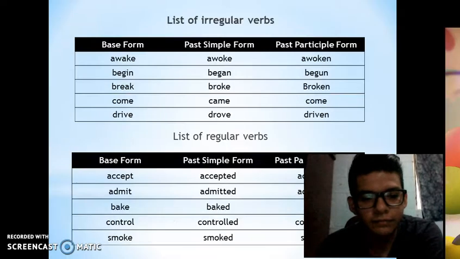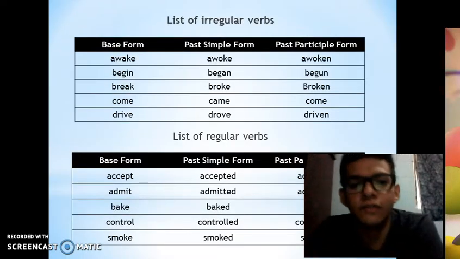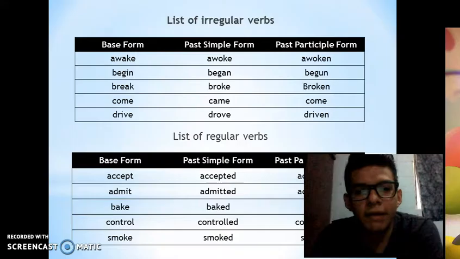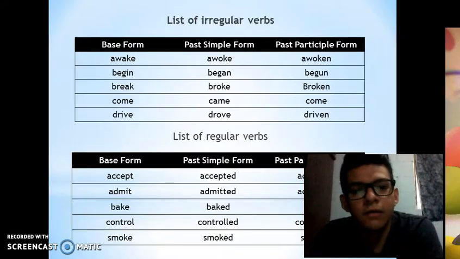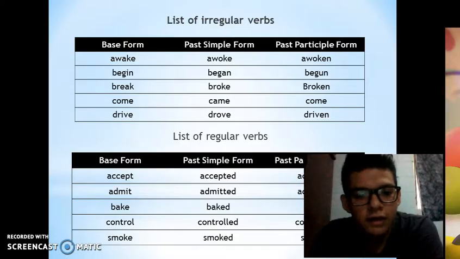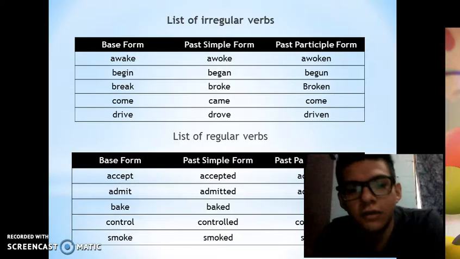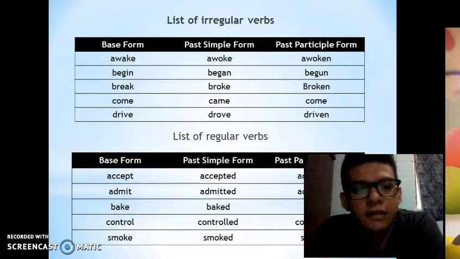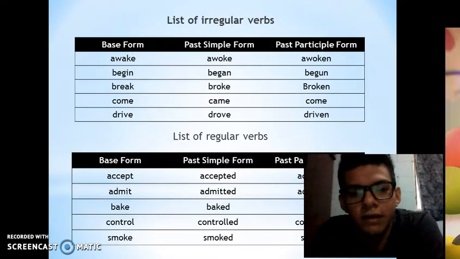And this is the list of irregular verbs that I told you about, based on the forms of the verbs. We have the base form, we have the past simple form, and we have the past participle form. So guys, this is a list of irregular verbs. Let's see. Awake in base form, awoke in past simple form, and awoken in past participle form.